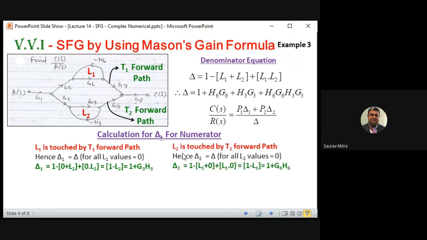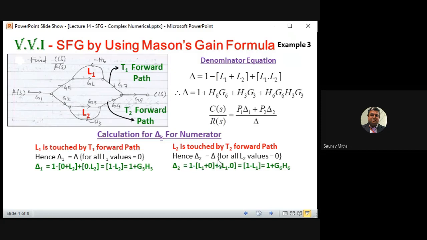Same rule applies for L2 also. Now we are trying to find delta 2. What is the value of P2? P2 is the below forward path, that is G1, G2, G3, G4, G8. So this P2 or T2, whatever you call it, is G1, G2, G3, G4 and G8. Now I am trying to find the value of delta 2.